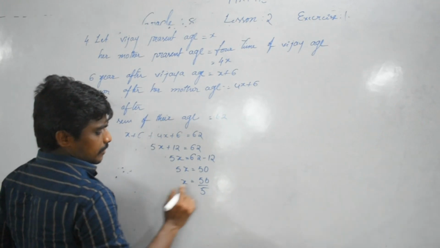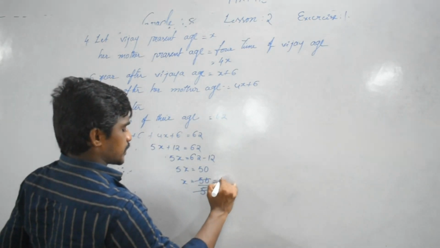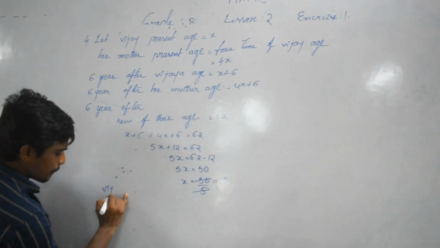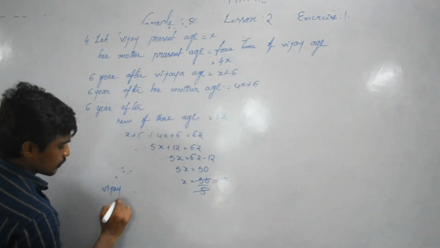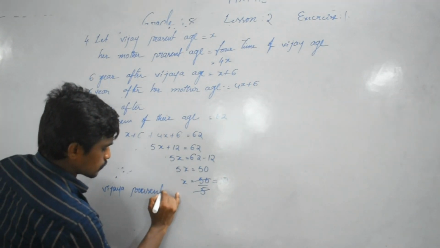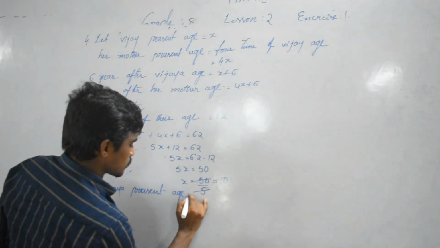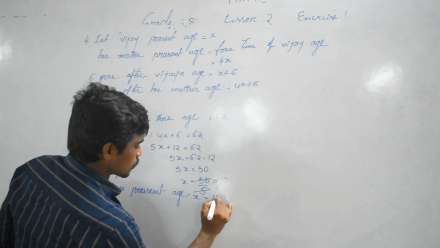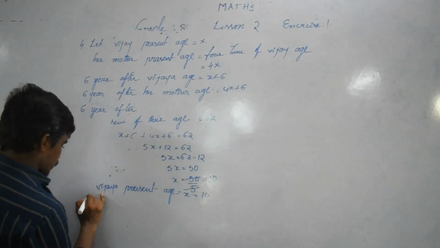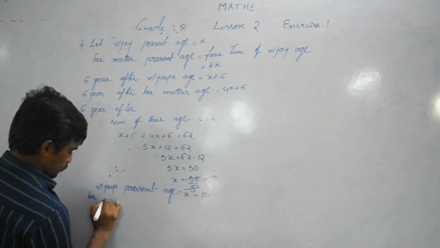Five tens are 50. So Vijaya's present age x is equal to 10.